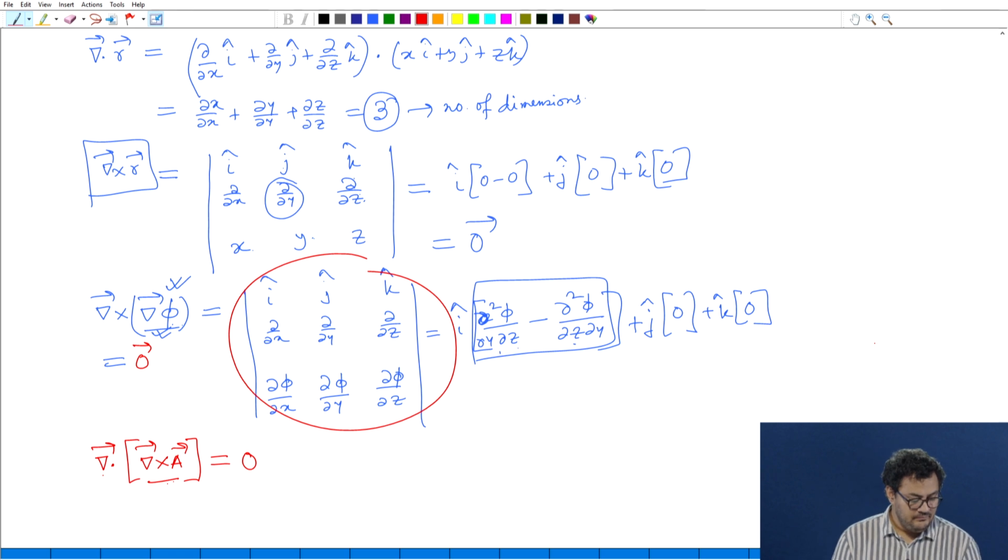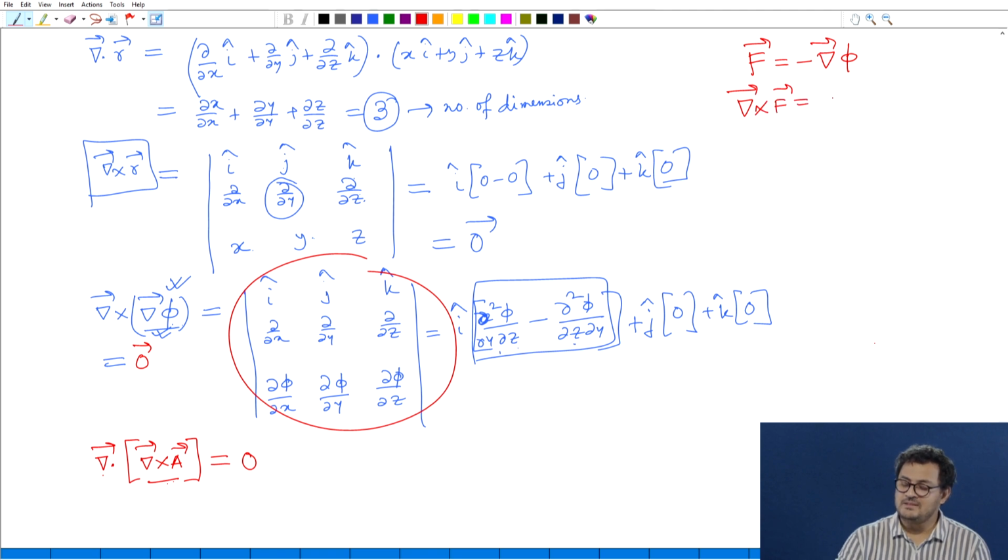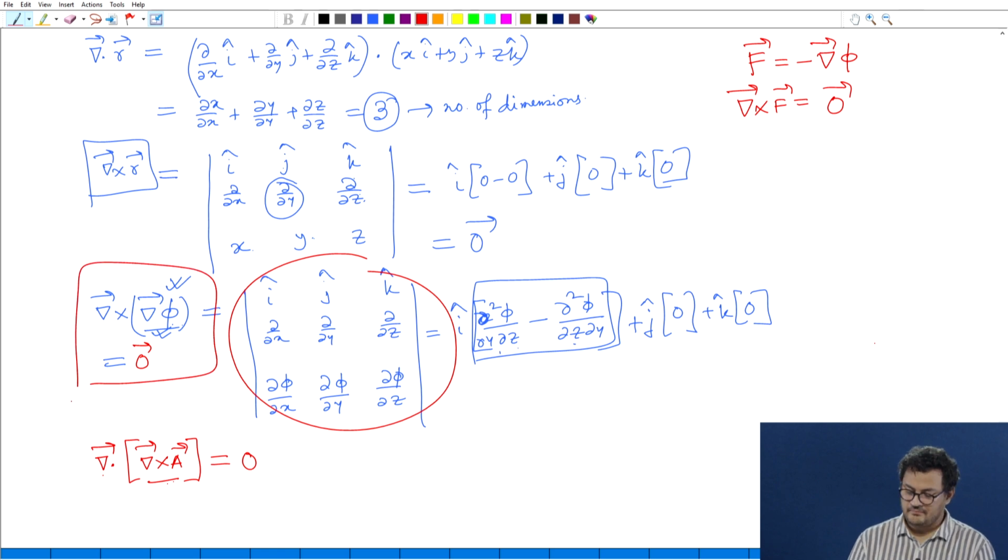So if you do all these things, then you can think of something: if I have a force field or a vector field which is in this form, then the curl of this will be 0 because of this identity.